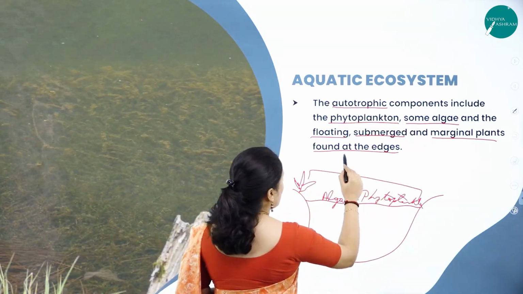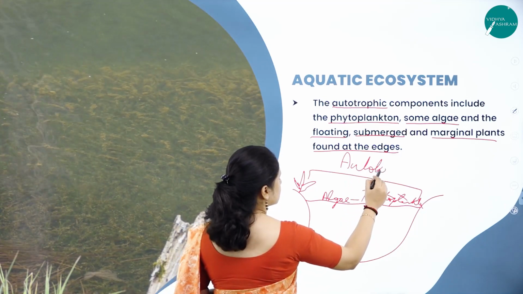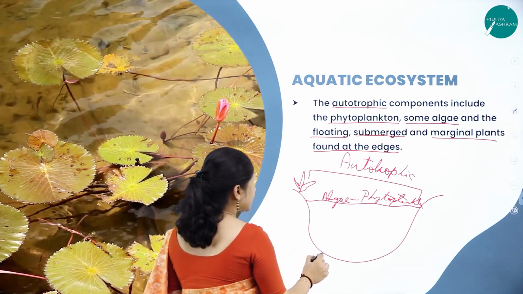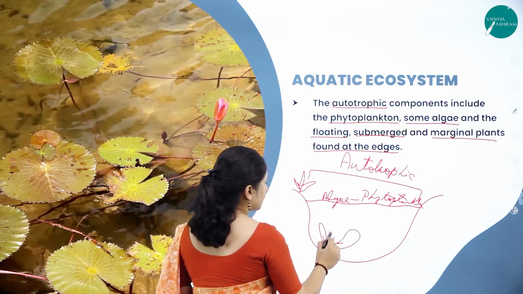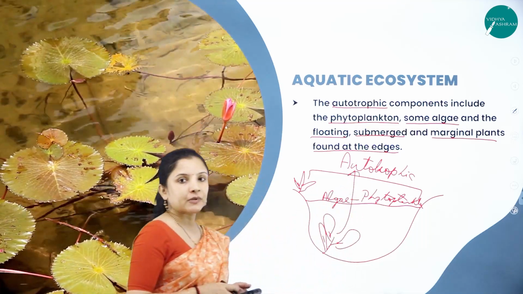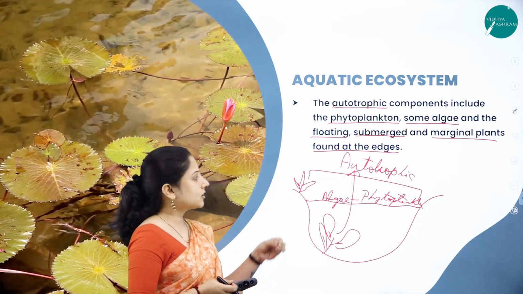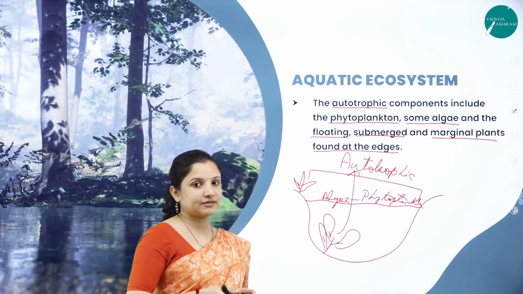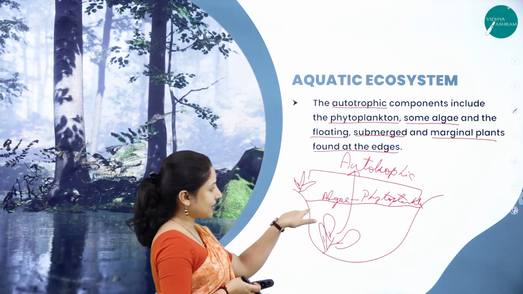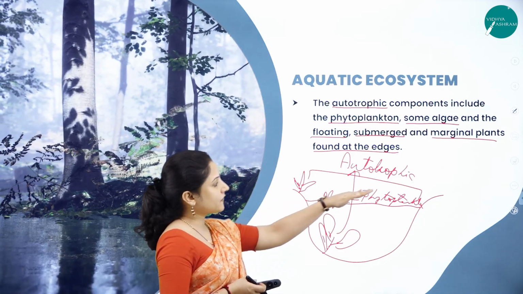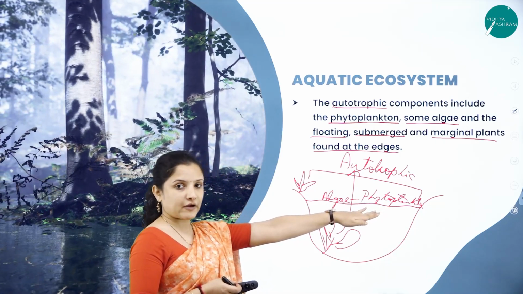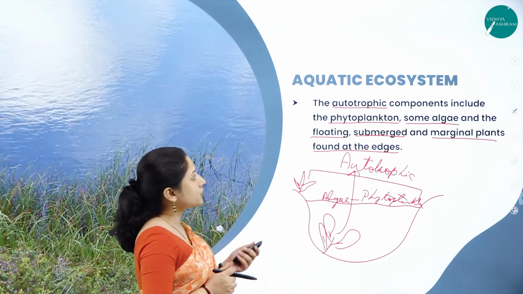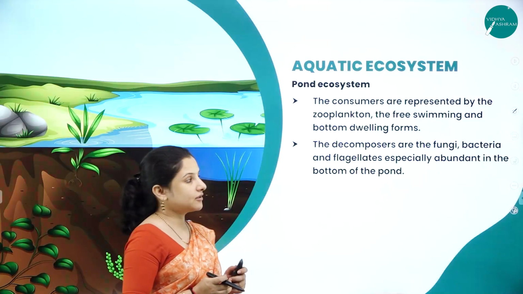All these are autotrophic components, and there are some plants which are submerged at the bottom as well. These are also autotrophic. So what are the autotrophic components in the pond? They are the plants capable of synthesizing their own food, such as the plants at the edges of the pond, the algae floating on the surface called phytoplanktons, and those plants submerged at the bottom of the pond. All these are autotrophic because they are capable of synthesizing their own food.